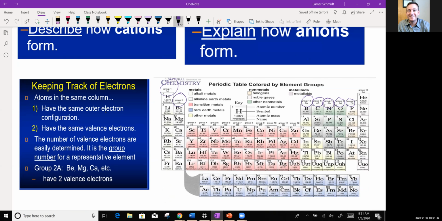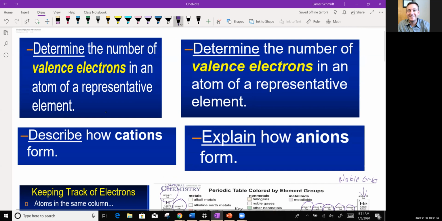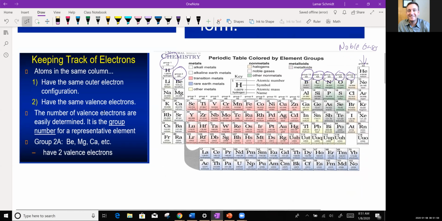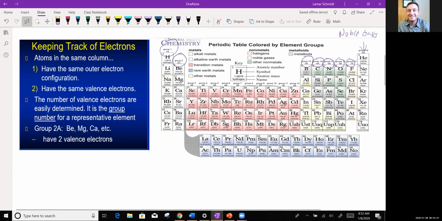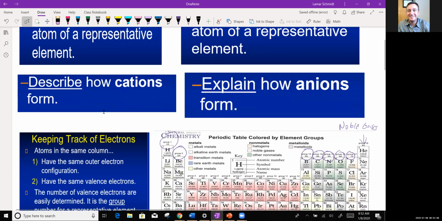And then another very important one is our noble gases. But we're going to stick right to these 7 groups, group 1A through 7A. That's very important to know.